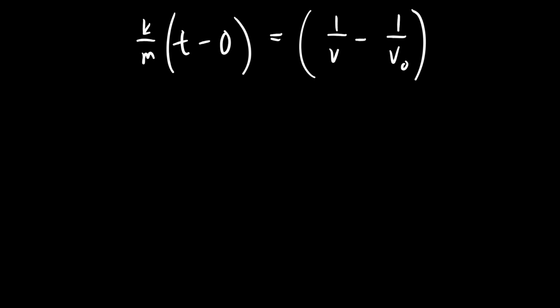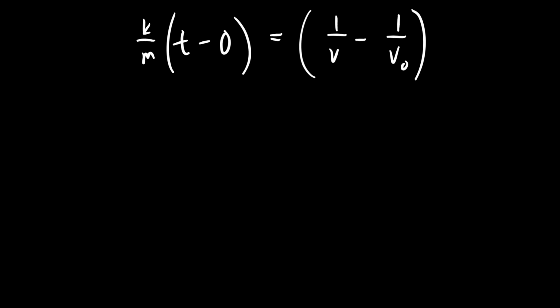You have to get it by itself. You have to isolate it. I would probably go ahead and add this to both sides, and then get an equation with common denominators so you can invert both sides. That's the way to go. So if anybody wants me to do this, I will. If not, I'll work another homework question. Your call. Want me to work it?